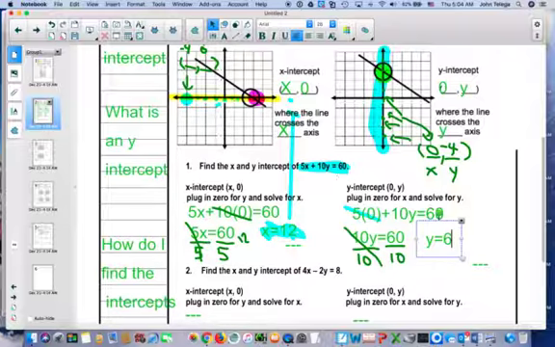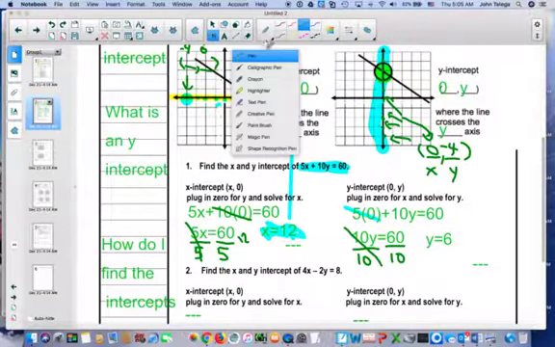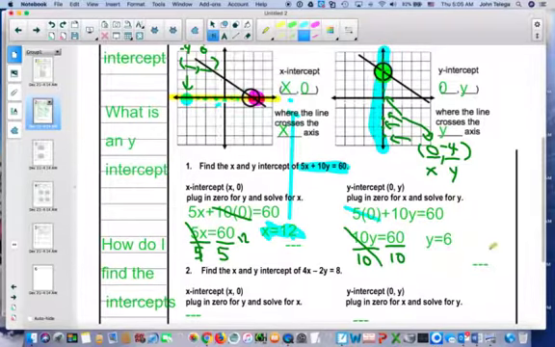So that means that this spot, this thing right here, oh no, I don't want a pen there, this thing right here is where this crosses the y. So like here's my y-axis, right?